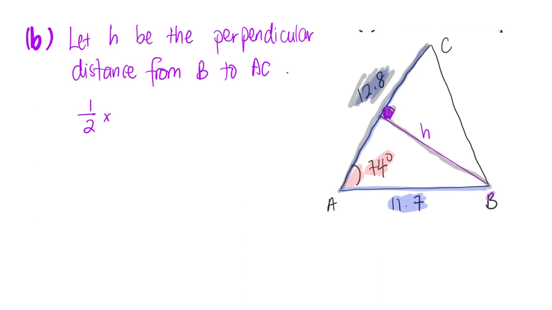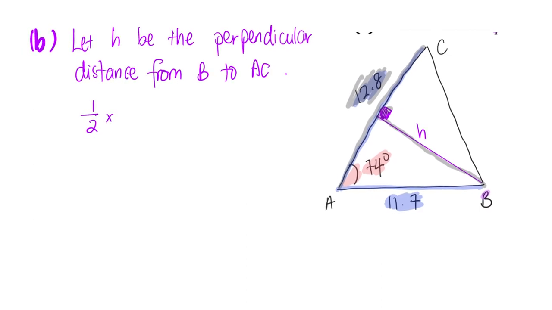So I will have half times 12.8. This is my base, and this is my height h of the triangle. And I've gotten the area of the triangle from part A, 71.979.